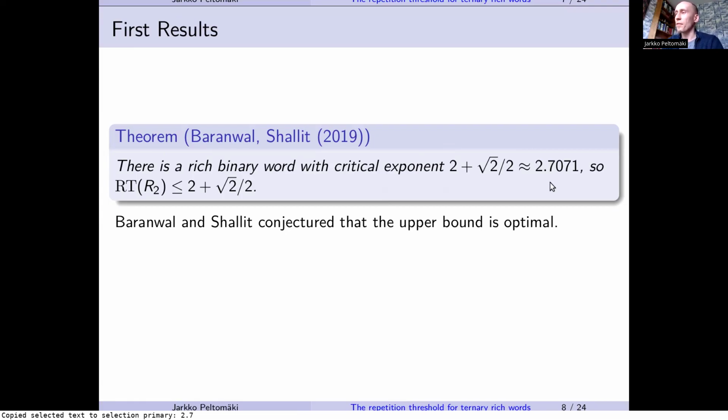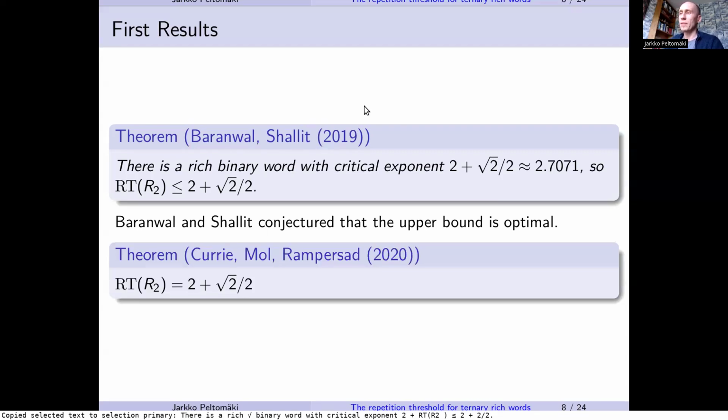I mean, less than 3, which was the bound that you would expect from Vesti's observation. So they got this upper bound, and then they also conjectured that this bound is optimal. I suppose they did some backtracking searches and couldn't find anything lower than this, and hence they made this conjecture.